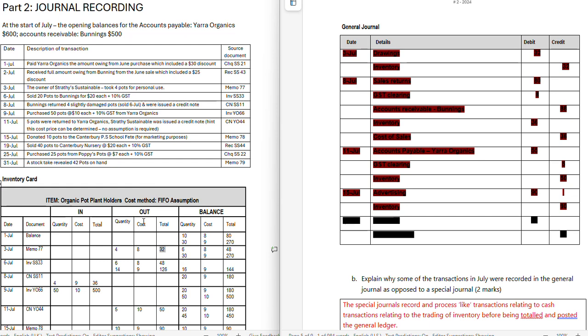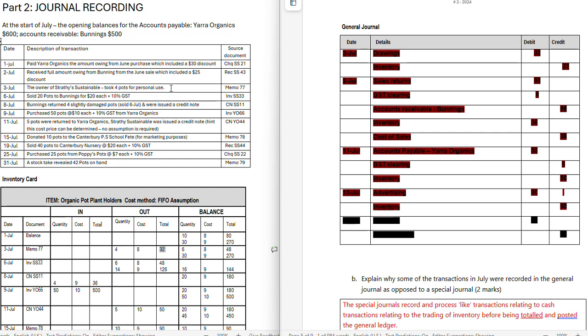Here's a tip. Anything that goes in the out column of our inventory card will be a credit entry to inventory. Why? Because inventory is an asset, and when you decrease an asset, that's a credit. So what's our debit? Well, again, this is an owner's transaction, and because of the entity assumption, we record personal transactions separate from the business.